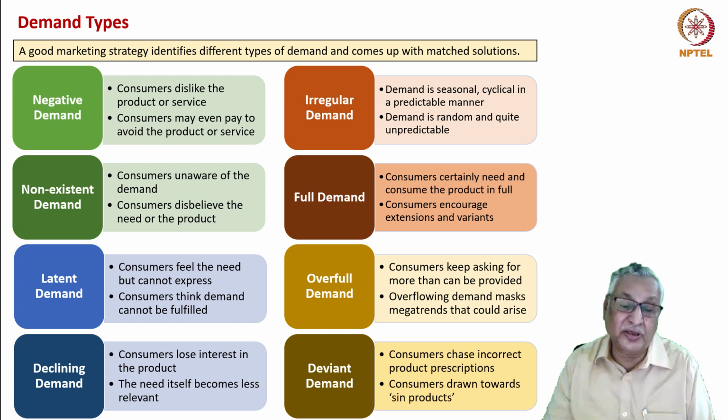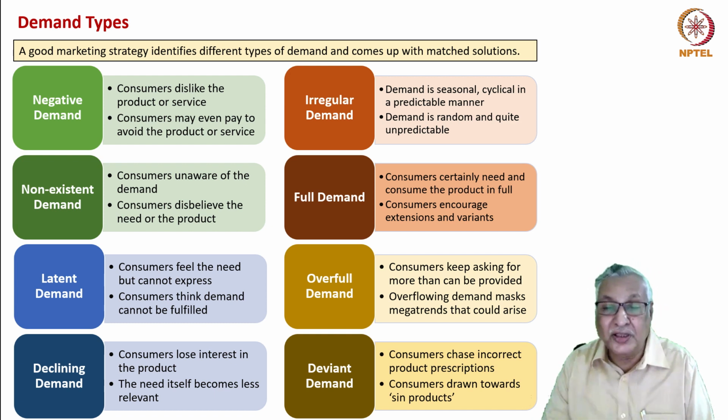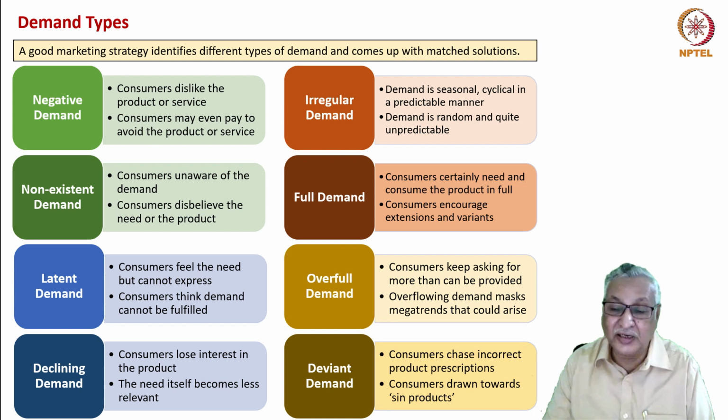And there could also be deviant demand that should not actually be there but exists. Consumers chase incorrect product prescriptions in this particular category. Sin products constitute an excellent example of deviant demand. They should not be there at all in the marketplace or in the social system.